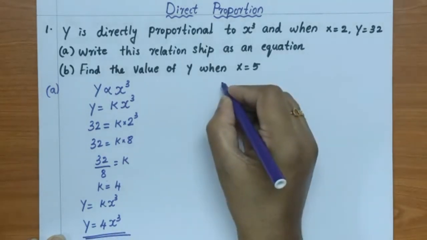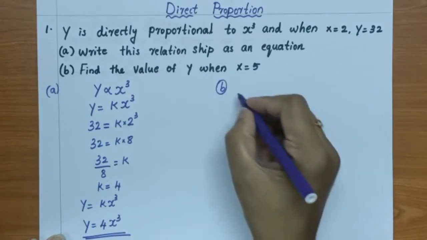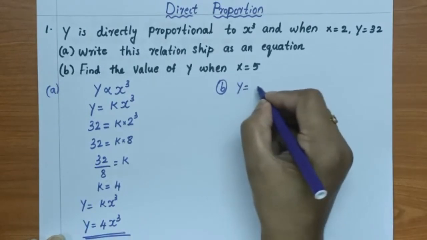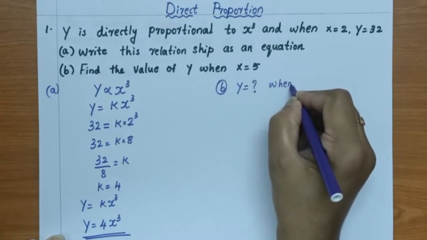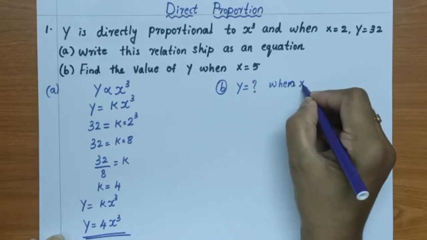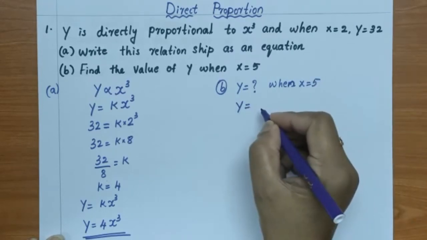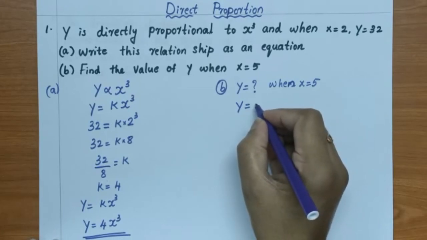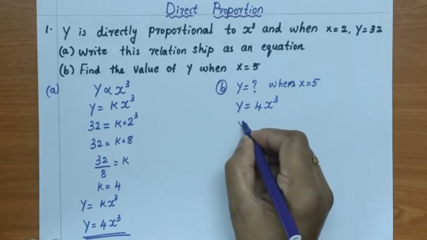Then question number B. Find the value of y when x equal to 5. So we can rewrite the equation using the value of k, that is y equal to 4x cube. Then we have to find the value of y.